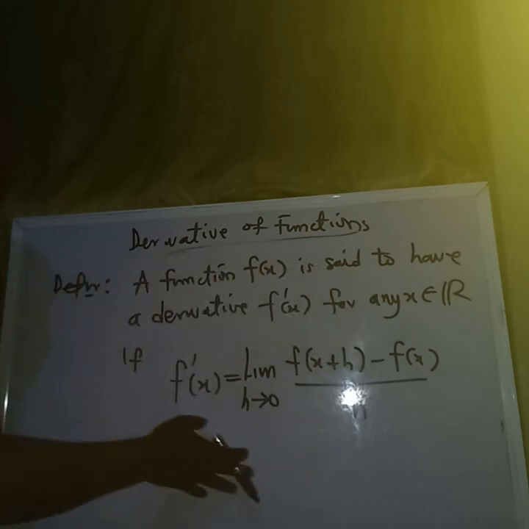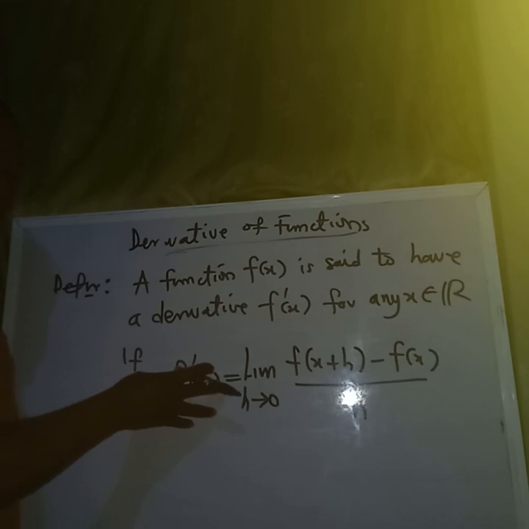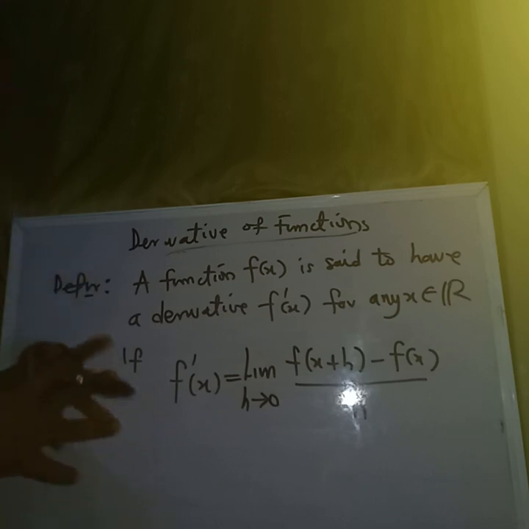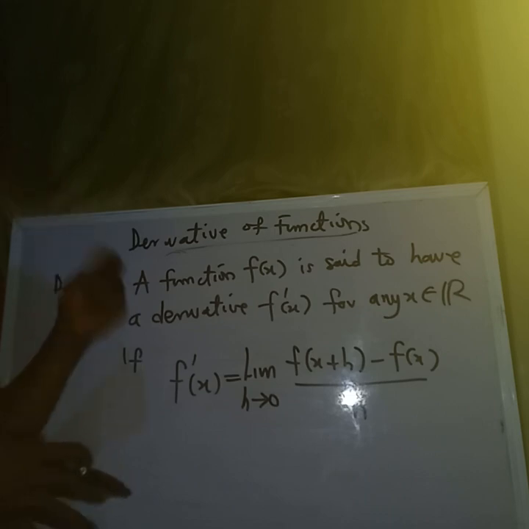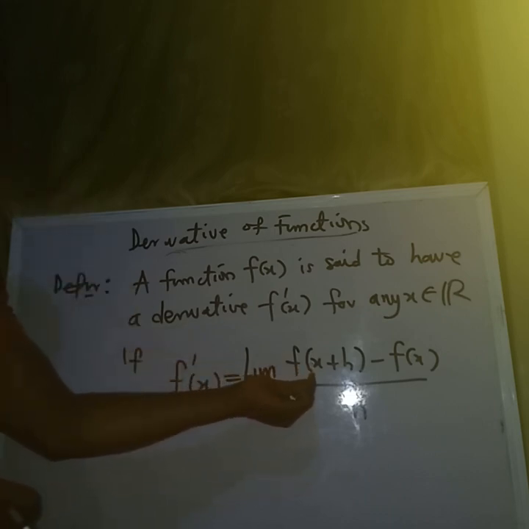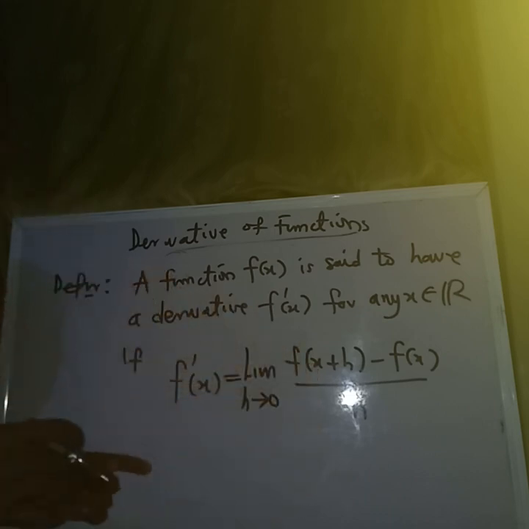If the limit exists, we say the derivative of this function exists. The examples here are similar to the first example we considered, just that x connotes any variable x. So let's give an example under this.